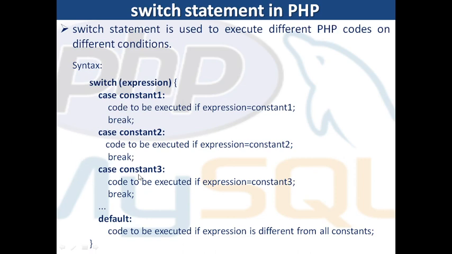Then again, case constant 3: if the expression is equal to constant 3, then PHP code within this case will be executed, and break will be used to come out of the switch statement. After checking all the cases, there is a default statement. If no case is matched, then the default code will be executed and it will come out of the switch statement.